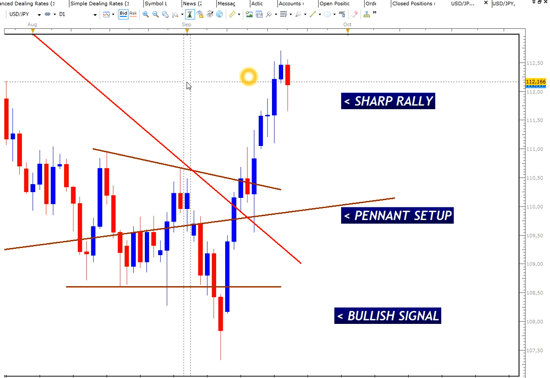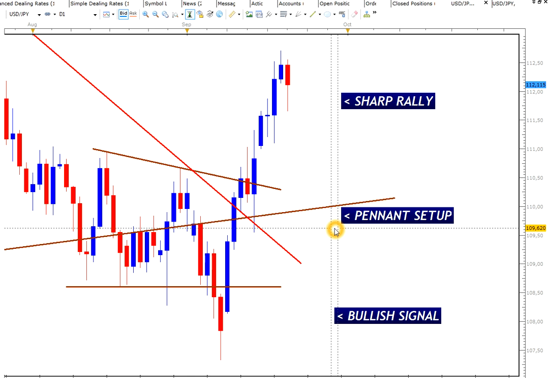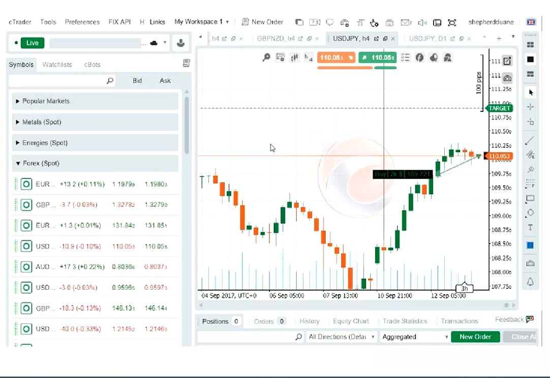So as you know, I took my signals based on the FXCM trading patterns, but my live trading is actually done on my FX Pro account. Shown here on this screenshot of my live account, where I took advantage of this rally on the US Japanese yen with a fairly ordinary trade, taking advantage of the bullish engulfing candlestick formation on the 4-hour chart.